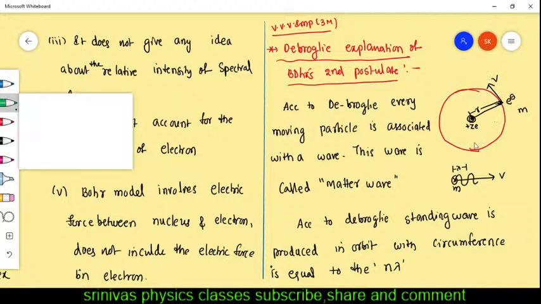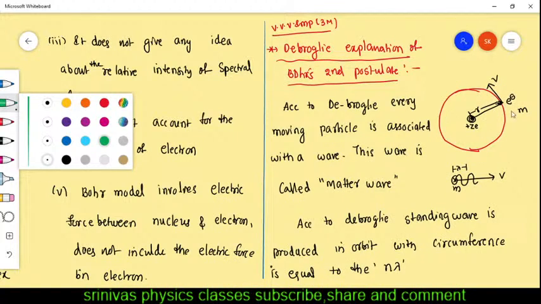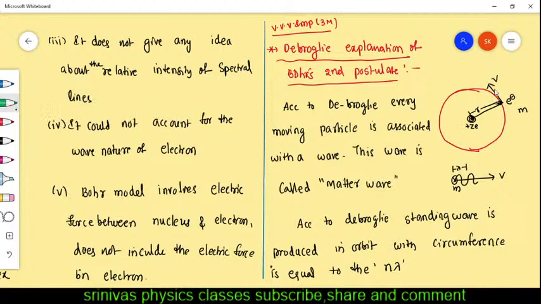And this wave is the standing wave, he said. Standing wave means what? Stationary wave. That is produced in the orbit. When the electron moves in the orbit like this, as in the figure you see, then one wave is associated with that electron. That wave is the standing wave, stationary wave like this.